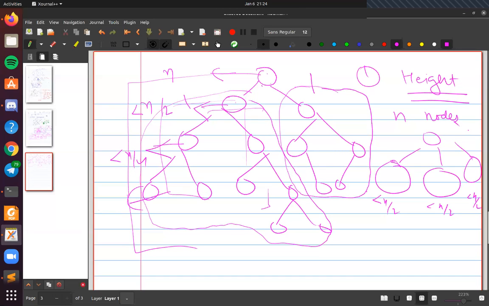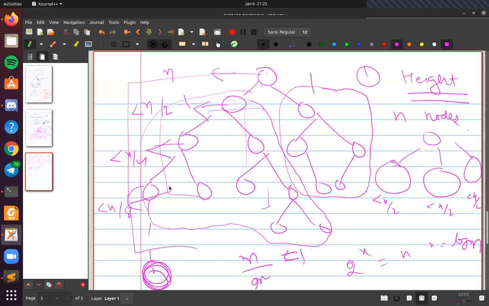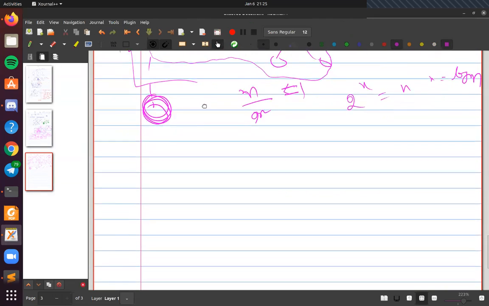At this level, less than n by 8 elements. So how many levels will it go? n divided by 2 to the power x equals 1. So 2 to the power x is n, x is log n. So that's why we say the height of the centroid tree is at most log n.